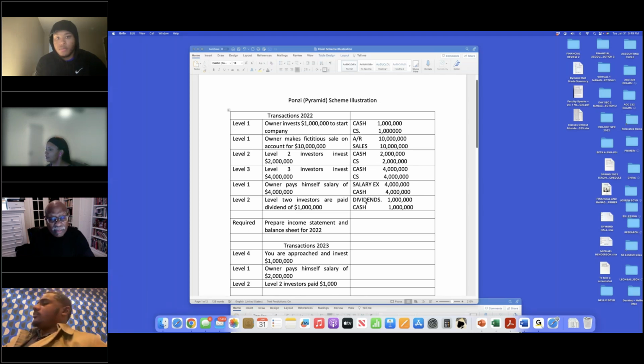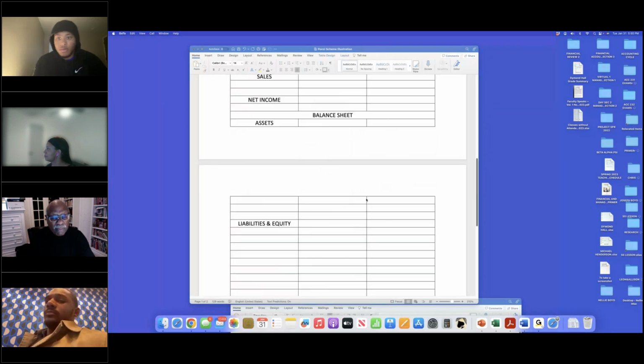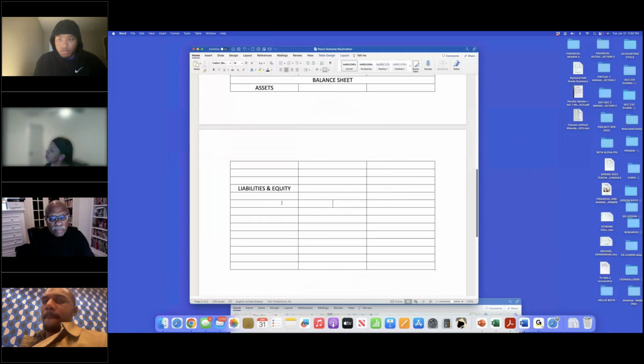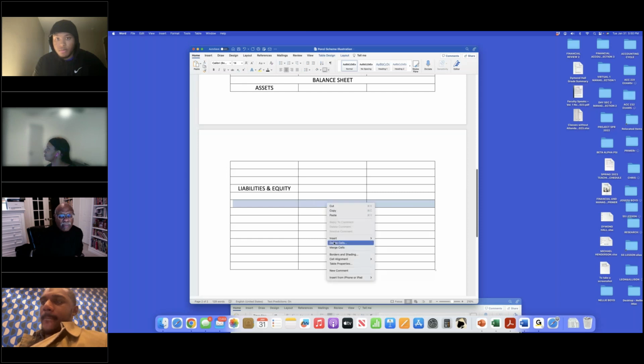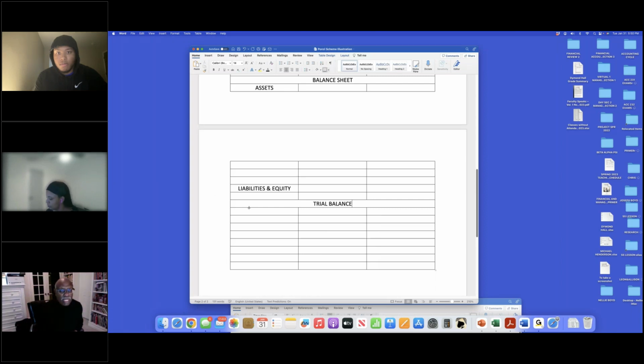Suppose I ask for a trial balance. You got rid of the numbers. Going back to it, we know we have a cash account. We know we have accounts receivable.